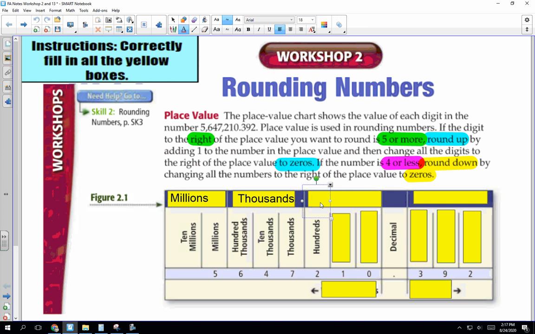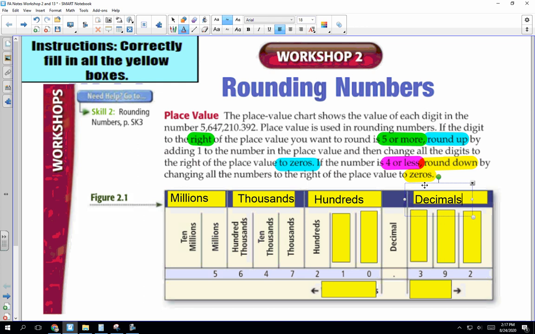The ones immediately to the left of the decimals are hundreds. These over here are called decimals.